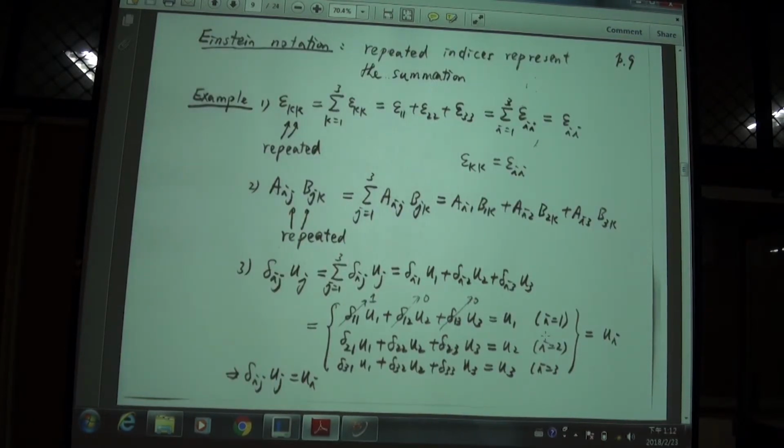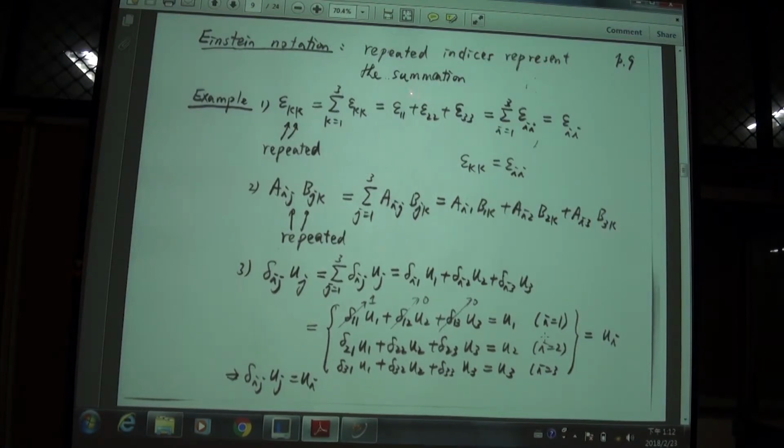Let me talk more about the indicial notation. We introduced the Einstein notation. It tells us that when repeated indexes appear, it represents the summation.